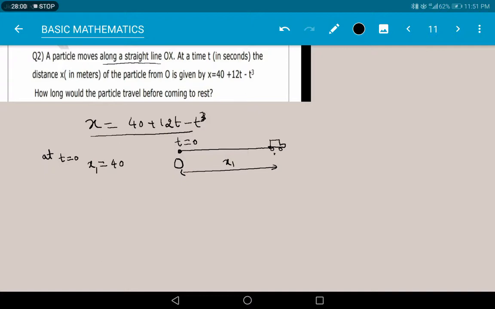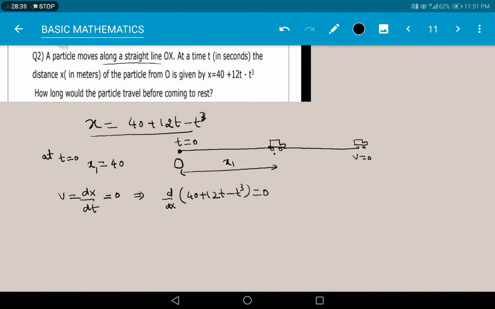Next we are going to see after what time the body is coming to rest. So find out the first derivative of this. So dx by dt, we should make it 0. Okay, right. D by dt of what is the function? 40 plus 12t minus t cube equals 0.